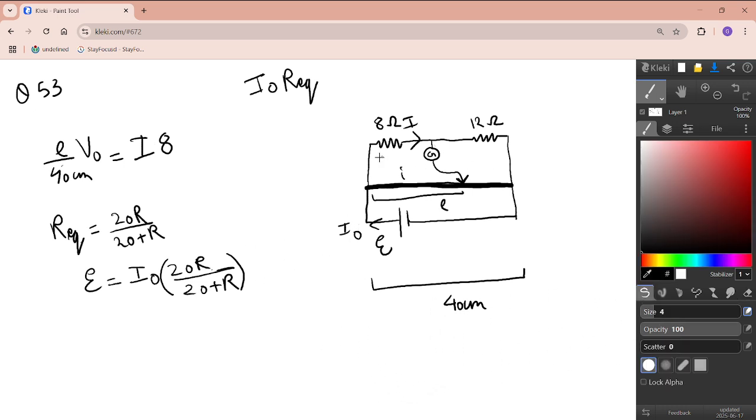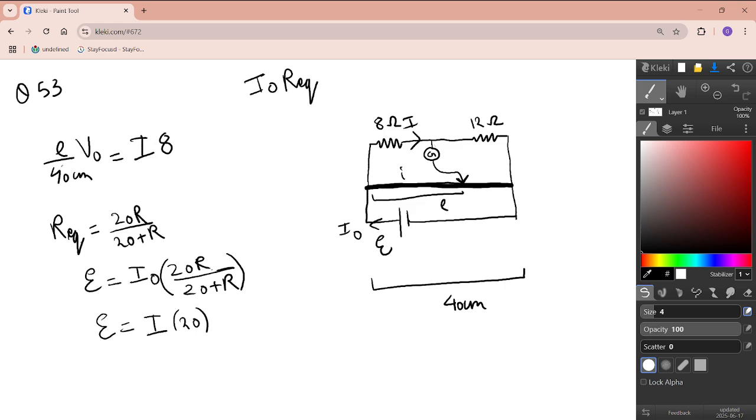See, epsilon is the potential difference across these 2 points. When it's the potential difference between these 2 points, epsilon is equal to, let's say the current, of course, is I, and the resistance is 20.